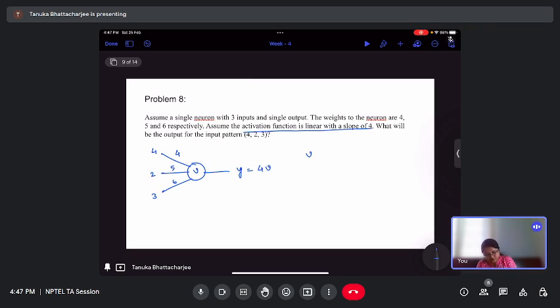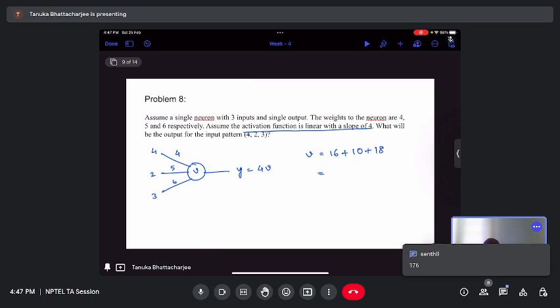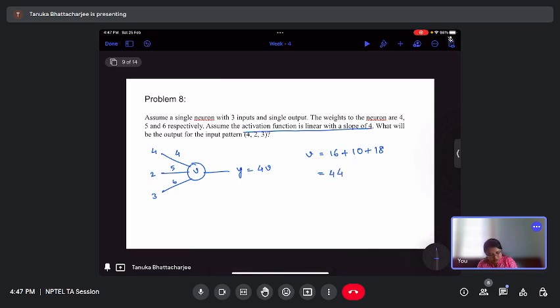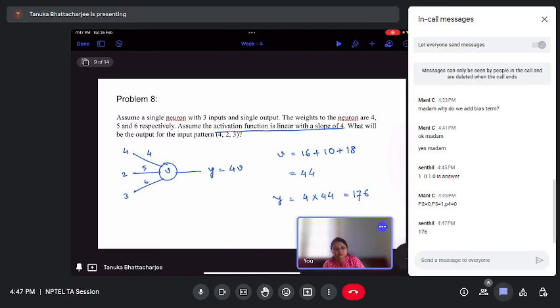If you compute v here, that is 16 plus 10 plus 18, which is 44, and your y will be 4 times 44, which is 176, correct.